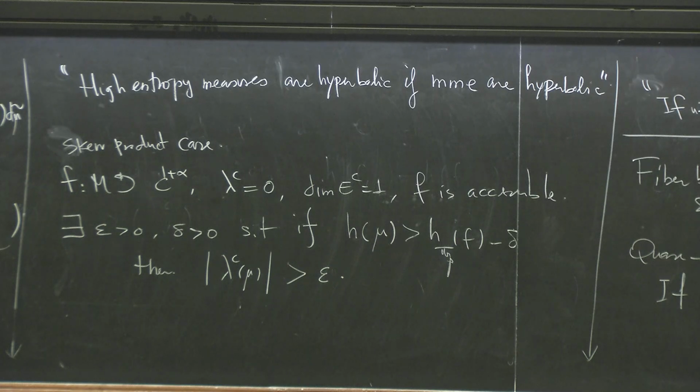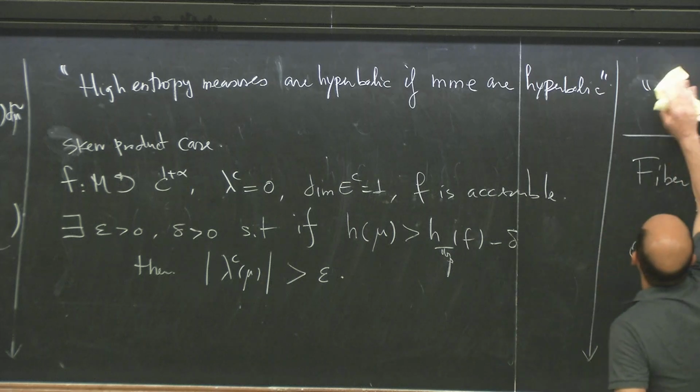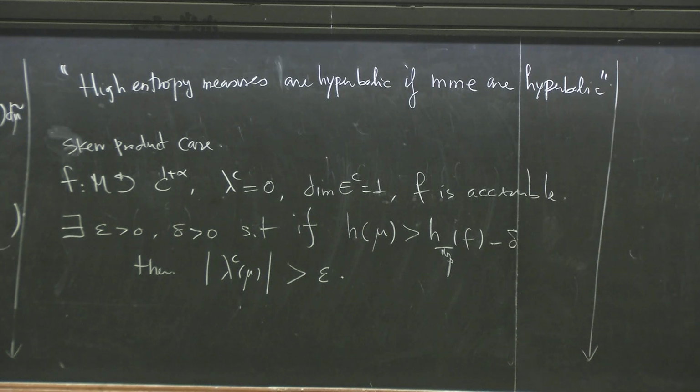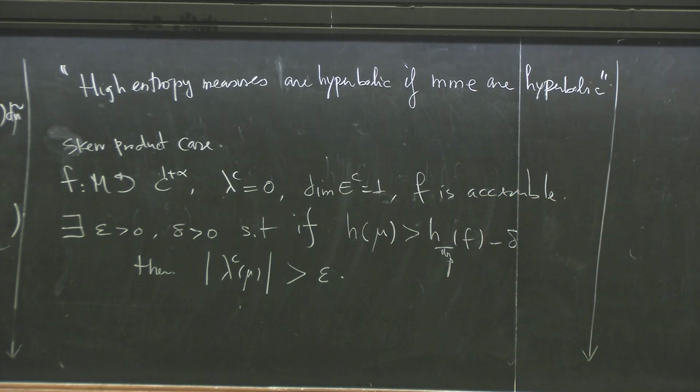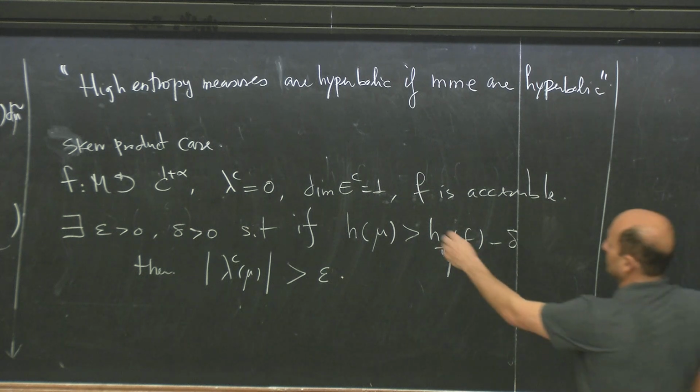So let me show you what is behind this phenomenon of high entropy measures being hyperbolic. This happens in center dimension 1 and in the setting of compact center.